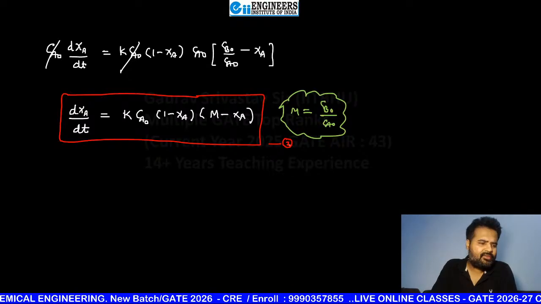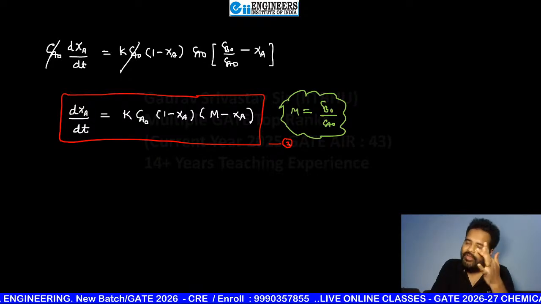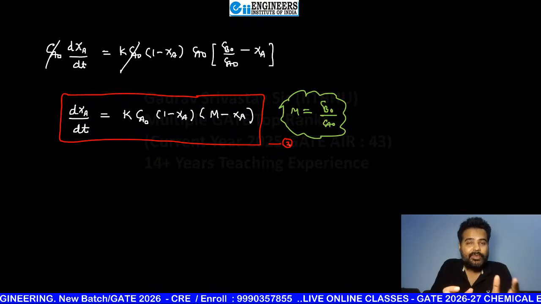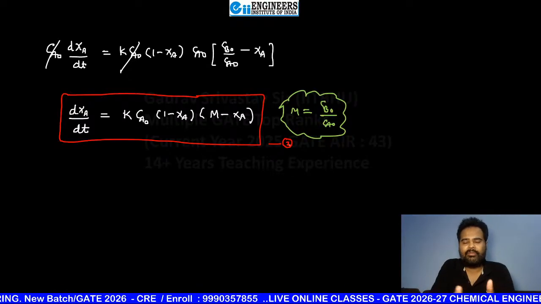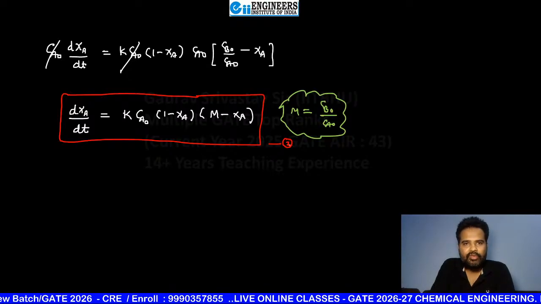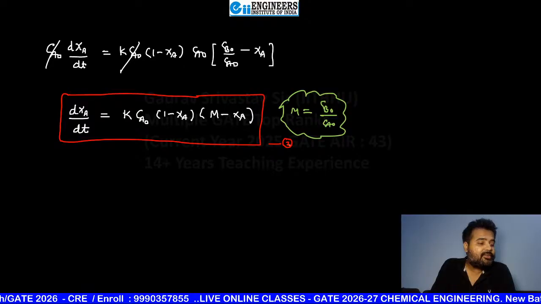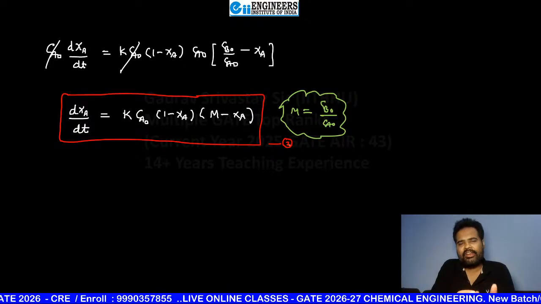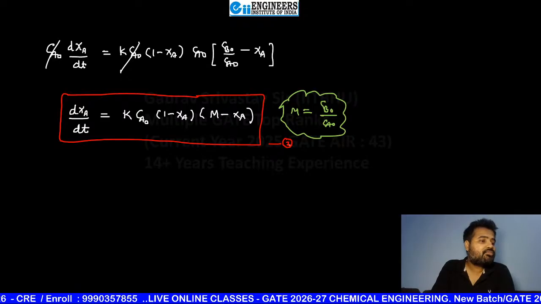Then yes, you can write, for this case, because the relation between RA and RB is the same: minus RA by 1 is equal to minus RB by 1. That is, minus R is equal to minus RB. So you can write minus dCA by dt or minus dC by dt, no need to worry. Is it clear? In any way, the final expression is not going to change. Final expression you will get the same.